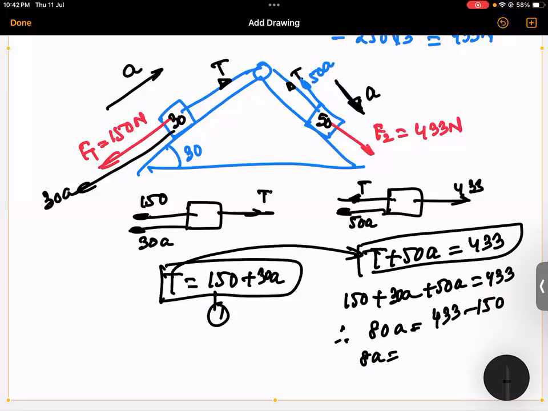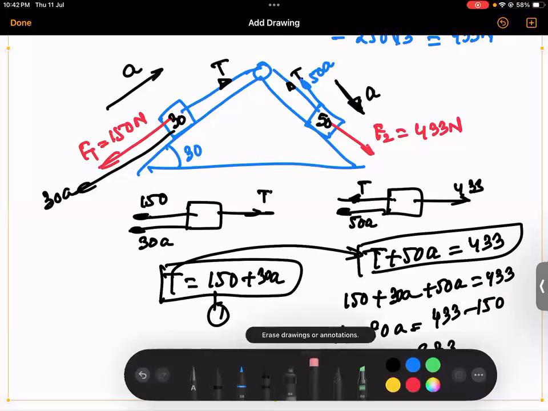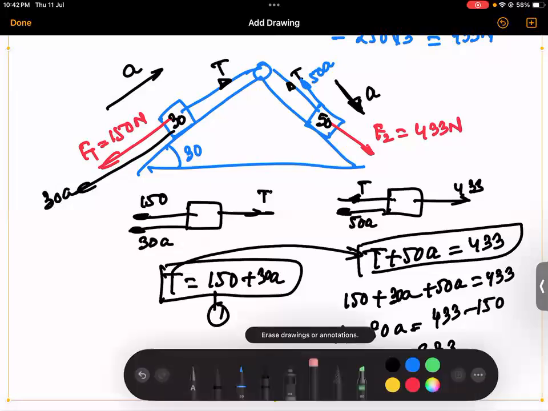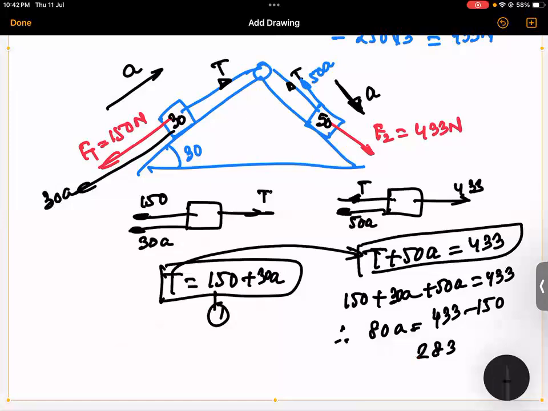So it will come to as 283. And this will be 80a. So 80a equal to 283.